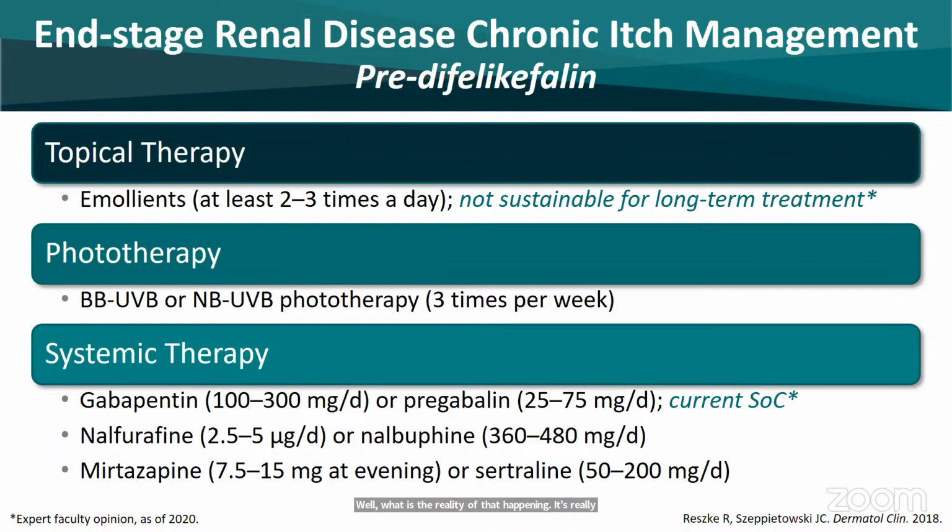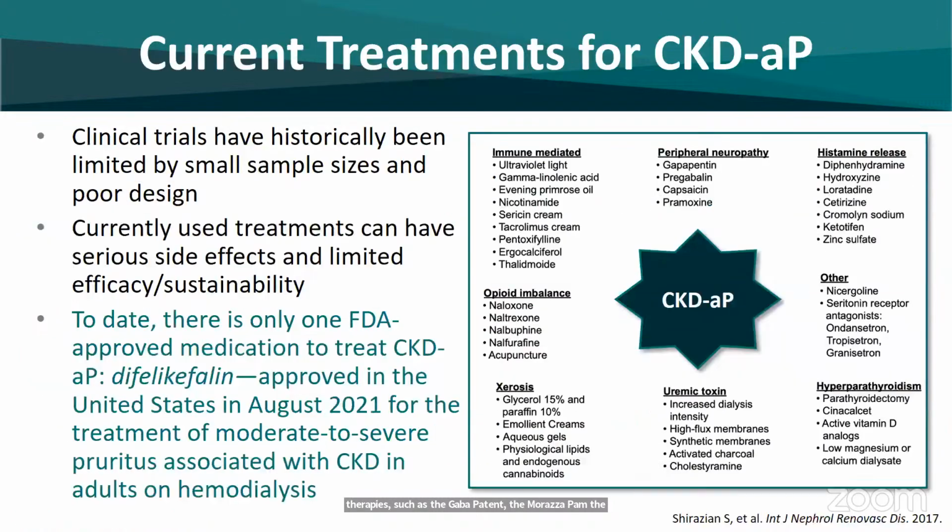The phototherapy is usually 3 times a week. That is hard to get into with our patients who are already coming to dialysis 3 times a week. Sometimes it's not covered by insurance. It's been challenging. And then again, systemic therapies such as gabapentin, mirtazapine, sertraline, different types of medications we use for systemic therapy.